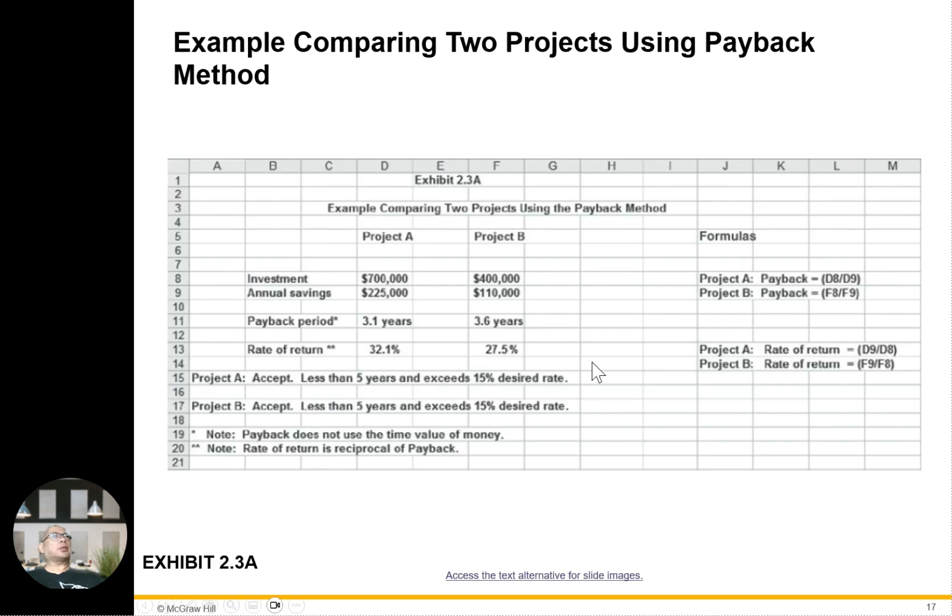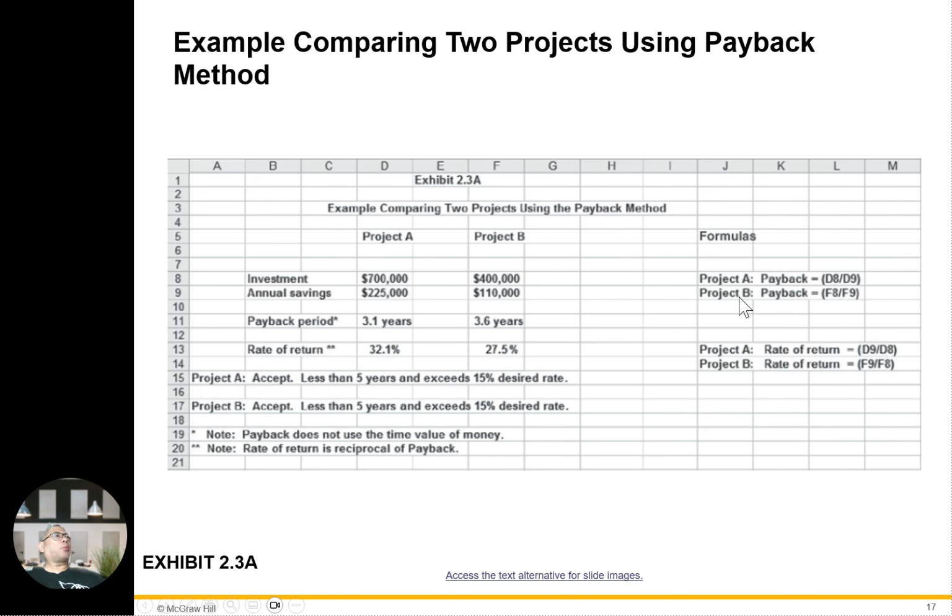Look at this example comparing two projects using payback period, project A versus project B. We have 700 investment here for project A, annual saving 225, payback period 3.1 years, rate of return 32.1%. Project B is 100,000 investment, annual saving 110,000, payback period 3.6, rate of return 27.5%.